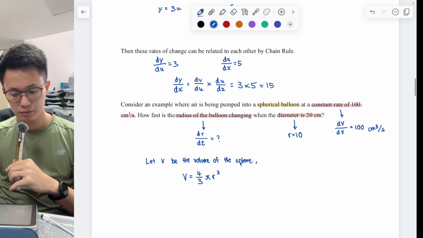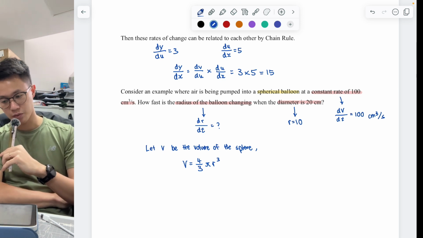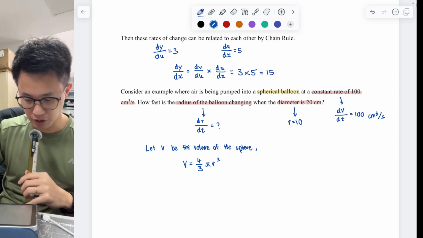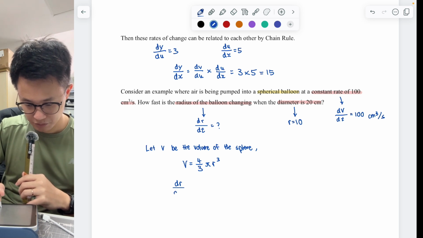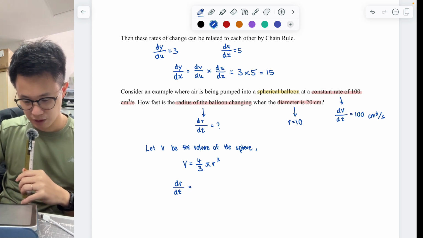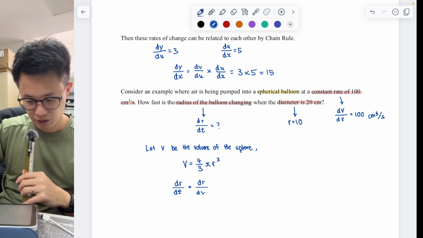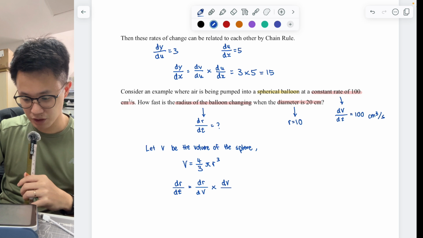If I want to find dr over dt, there's some form of chain rule going on here. I can find dV over dr. If I want to find dr over dt, this has to be dr over dV times dV over dt.